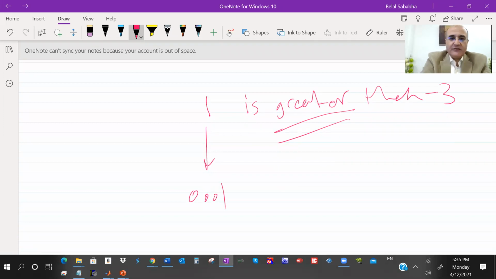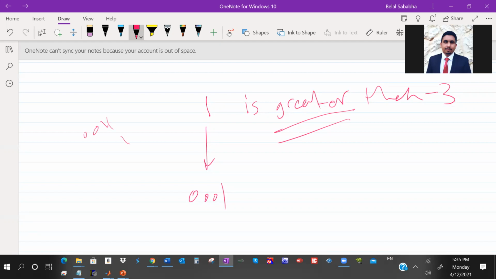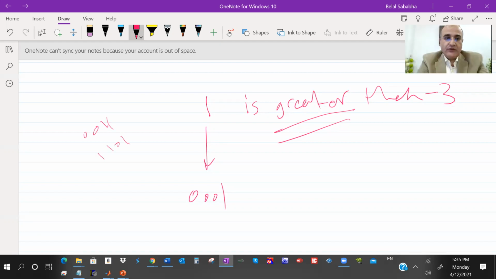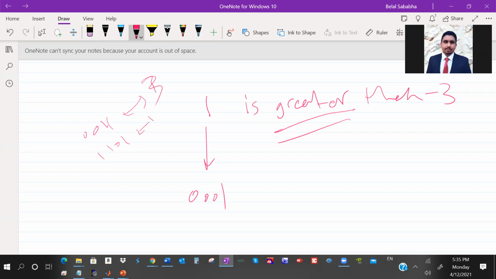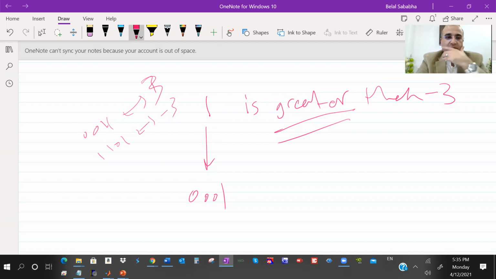The minus 3, what is minus 3 in binary? You take the 2's complement of 3, right? 0011 is 3. This is minus 3, the 2's complement.